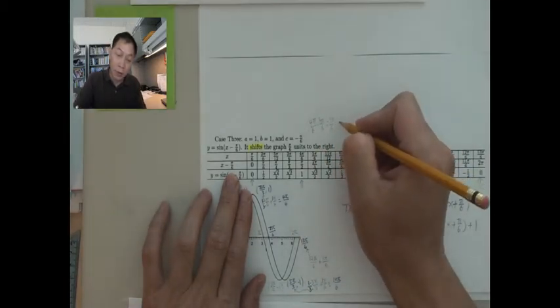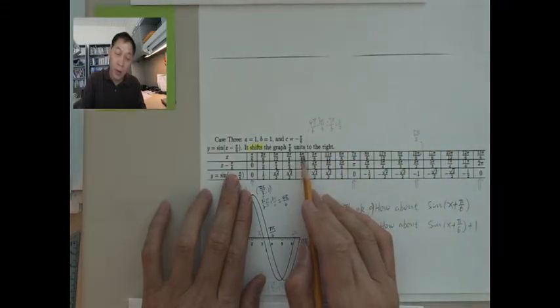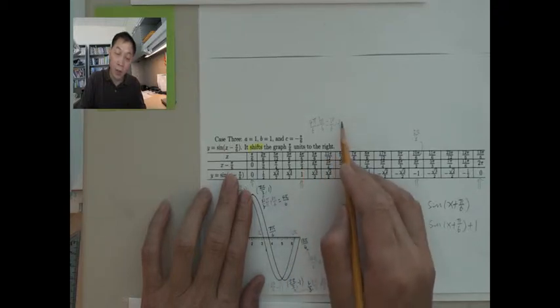And that's pi over 2. So when x equals 4 pi over 6, x minus pi over 6 is actually pi over 2.